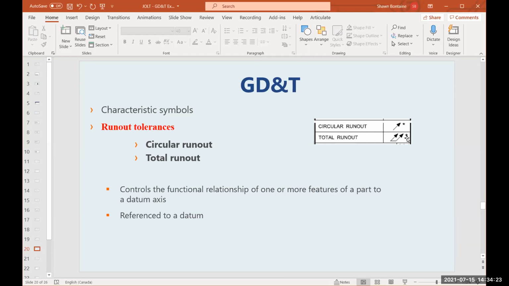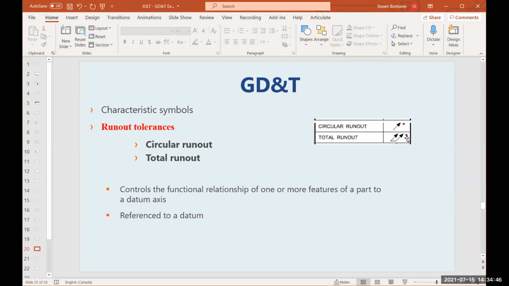Total runout, on the other hand, is a surface to axis control. However, it acts over the entire length of the feature. So it gives you a roundness, off-center condition, and size distortion. So they control the functional relationship of one or more features of a part to a datum axis, and again, a reference to a datum.